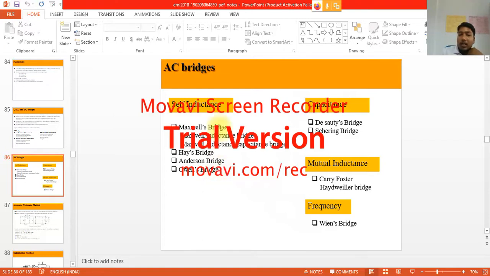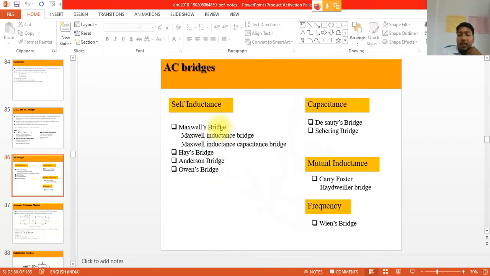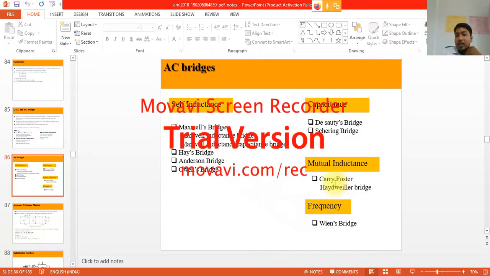So using the principle of bridges, we measure self-inductance. Now the Carey Foster method, or Carey Foster-Heaviside bridge method, is used to measure mutual inductance.